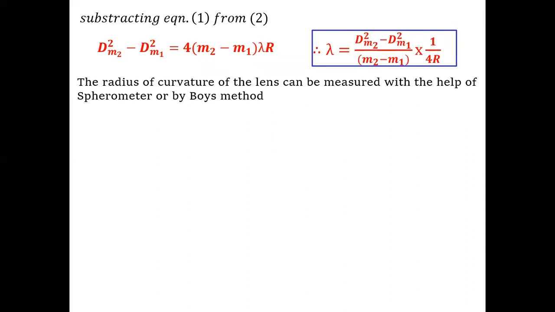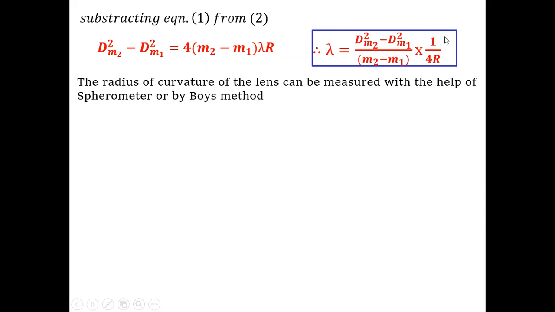So here you find the wavelength of the incident light. R is a constant, the radius of curvature of the plano-convex lens, which is measured with the help of a spherometer or by using the Boys method. So R is also a known quantity.